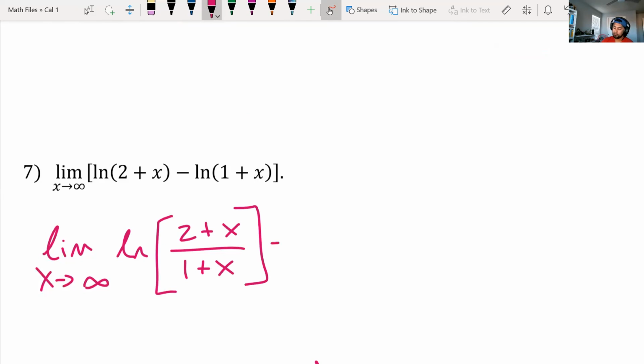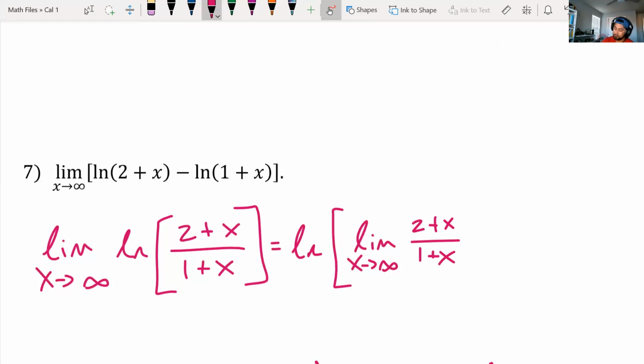And then apply the limit inside. Oops, that's not inside. Too many L's. The natural log of the limit as x approaches infinity of 2 plus x over 1 plus x. And then, again, we get to power trick this. So we'll divide everything by what?